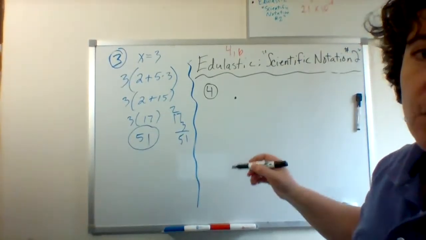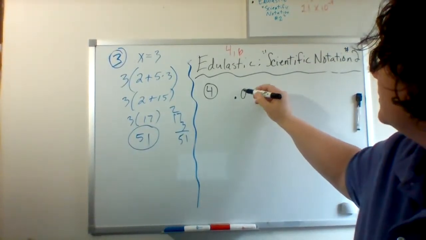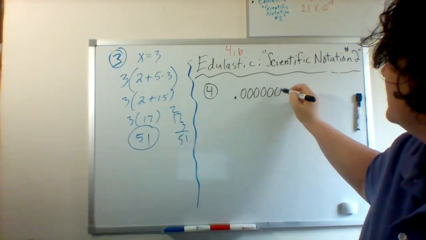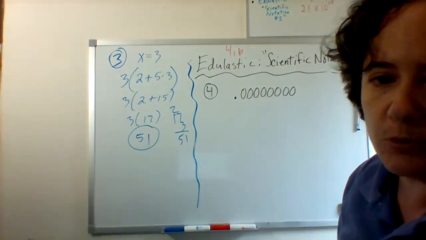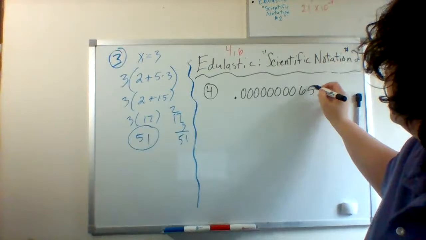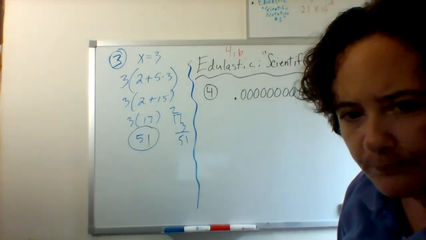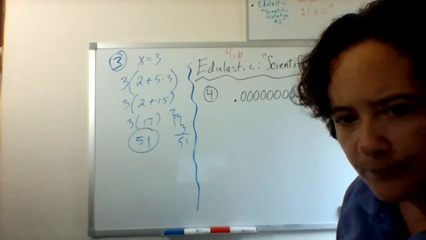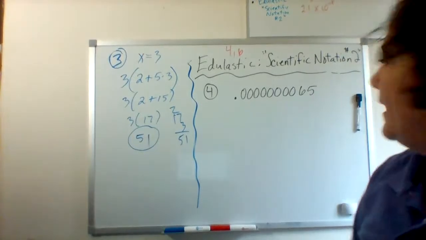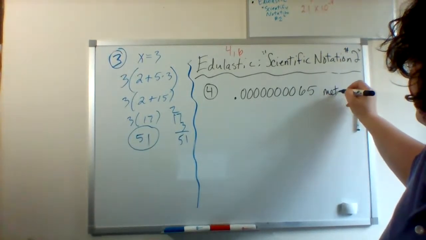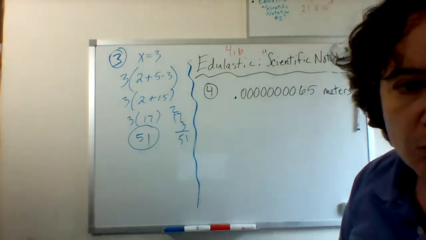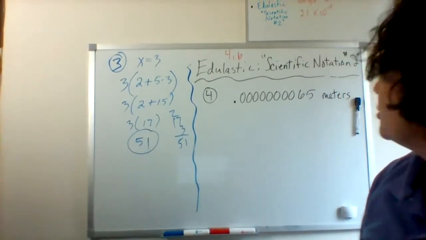I see 8 zeros after the decimal, correct me if I'm wrong. Write the number in scientific notation.